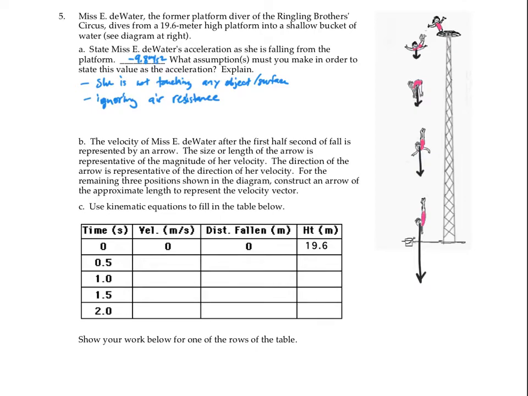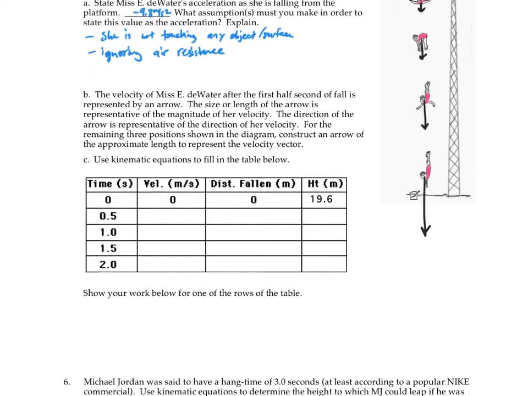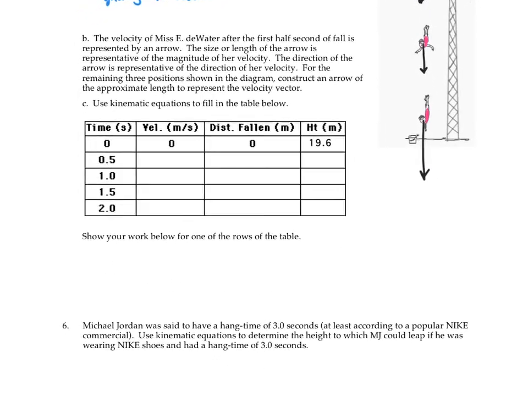For C, use kinematic equations to fill in the table below, and at the very bottom it says show your work for one of the rows of the table. So let's just talk about what I would use to figure out the velocity, the distance fallen, and the height. So velocity, I've got time.